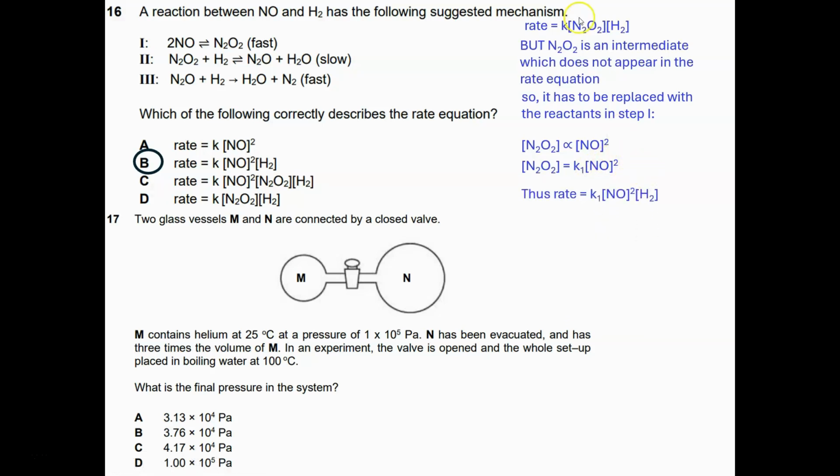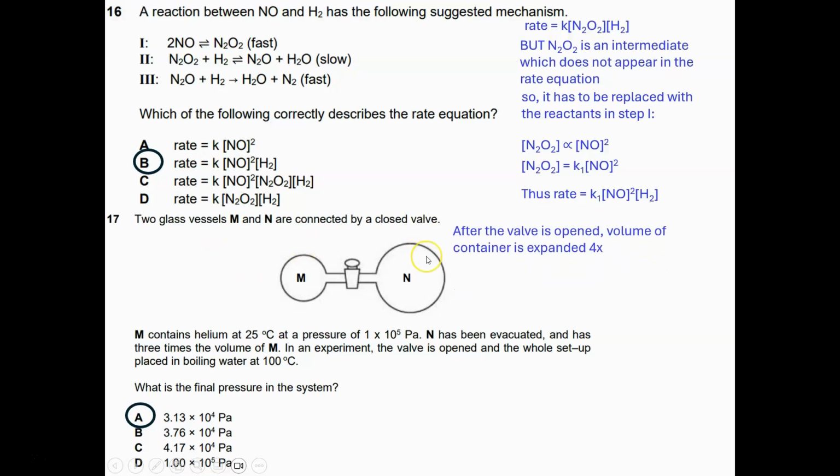So we can rewrite this rate equation as rate equals k1 [NO]^2 [H2]. So the answer is B. Question 17, answer is A.